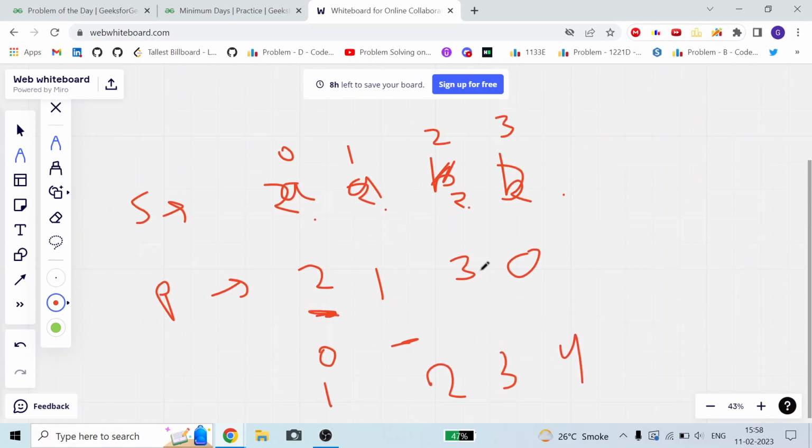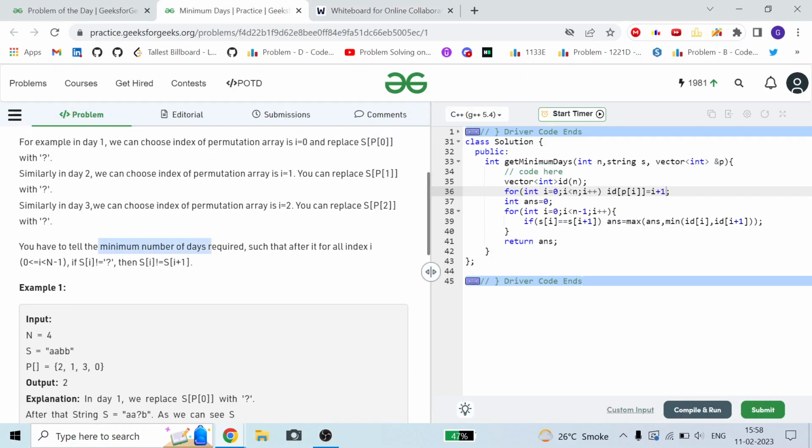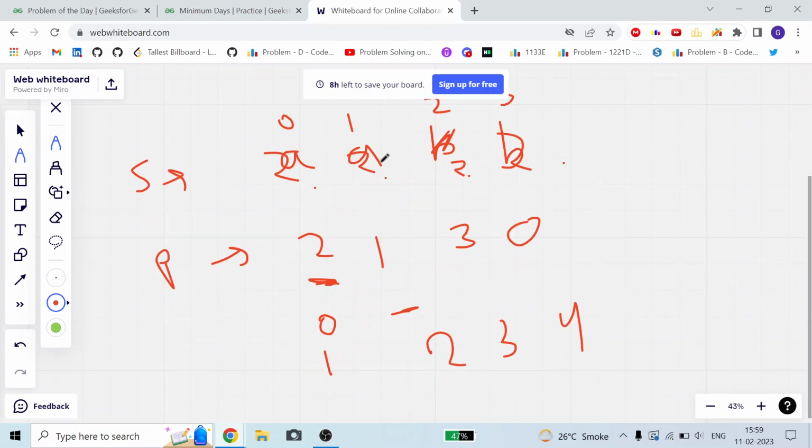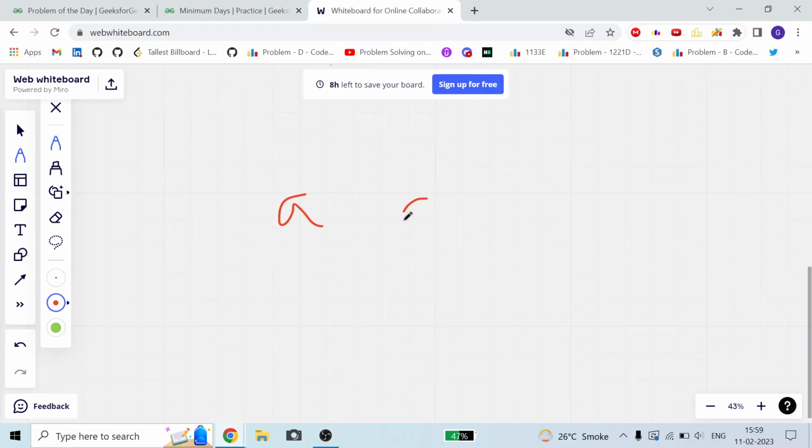Now what I need to find out is the minimum number of days required so that for each index from 0 to n minus 1, if there are two characters and the ith character is not equal to question mark, then adjacent characters cannot be equal.